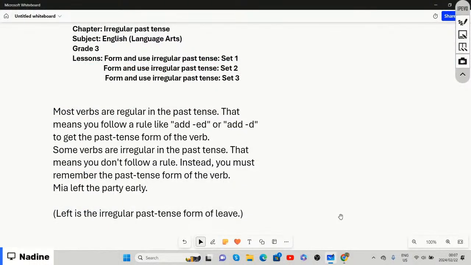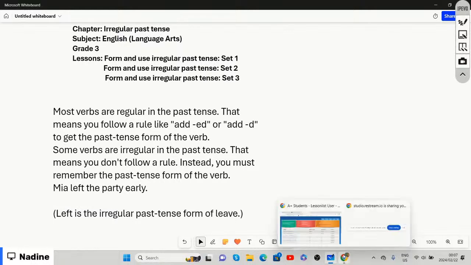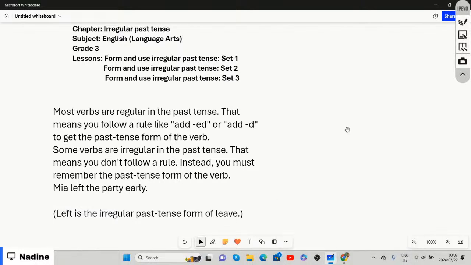All right, so we've been doing irregular past tense, or more like we started yesterday, and we see that there is quite a list that we need to do. So we're still going to do irregular past tense today, and then we're also still going to do it either at the end of the week or maybe sometime next week, right?